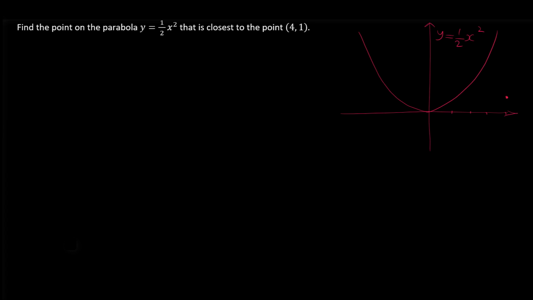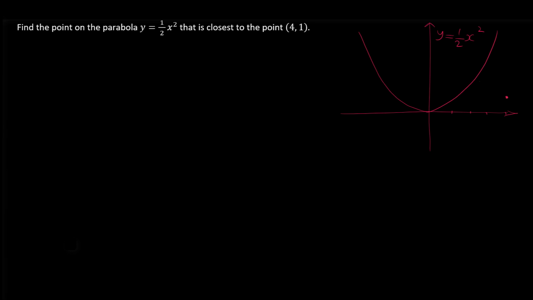We want to find the coordinates of a point that lies on this graph that is closest to this fixed point. We want to know the coordinates of that point.